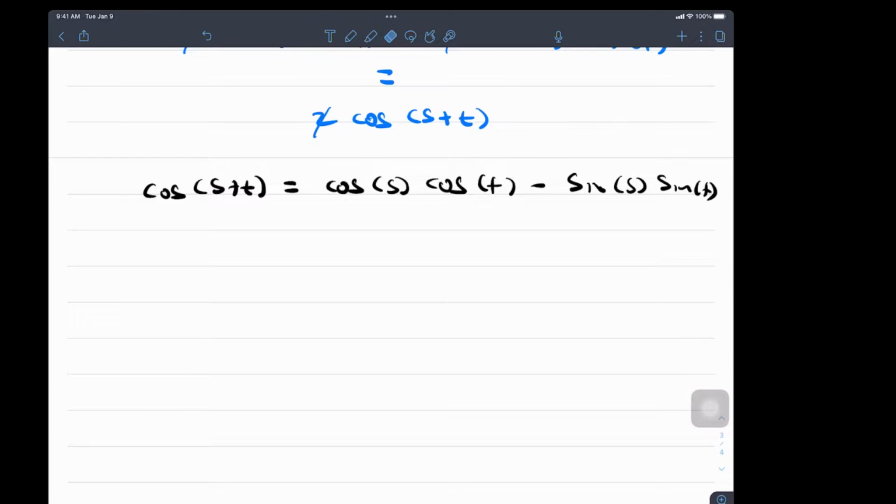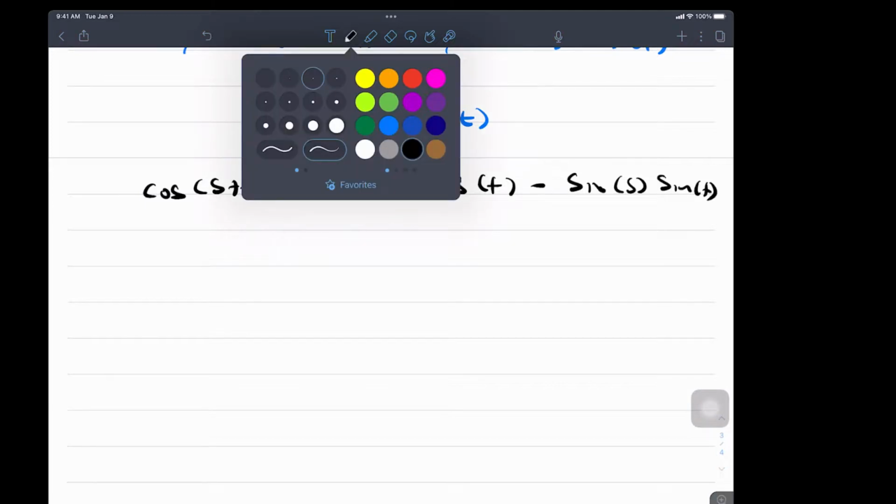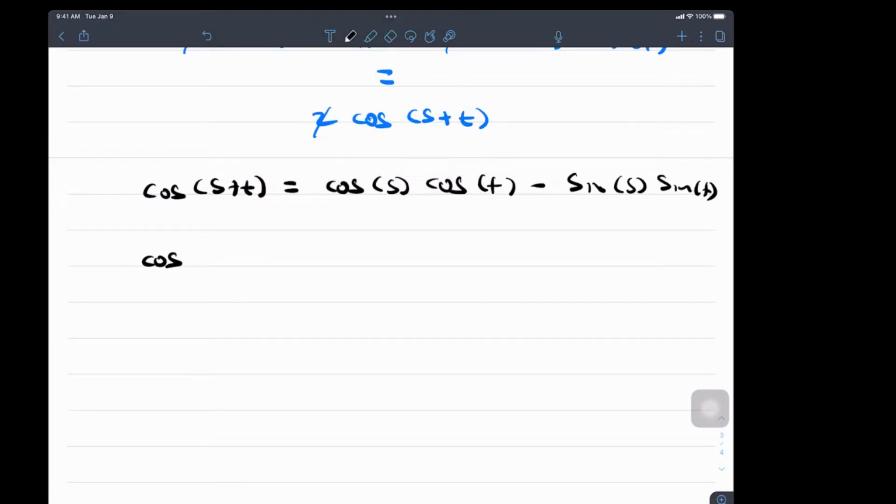It doesn't matter if you use s. It doesn't matter if you use t. You'll see different versions. And so here's what we're saying. Cosine of a sum, A plus B, is cosine of that first A, cosine of B, minus sine of A, sine of B.